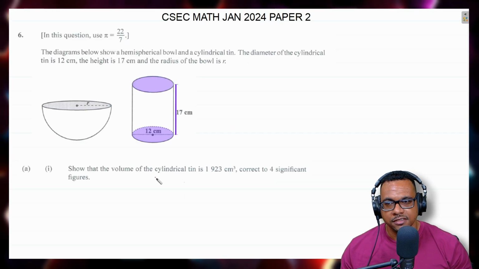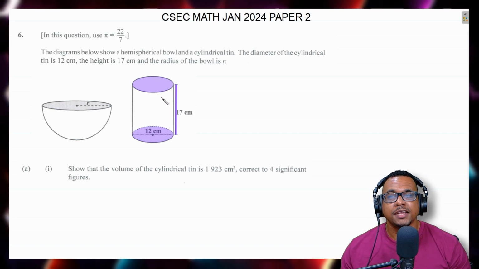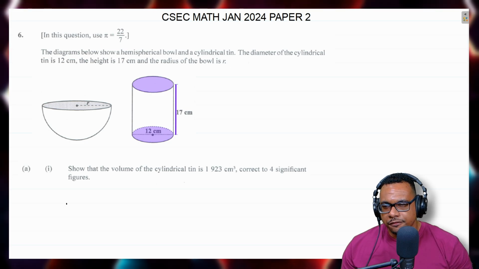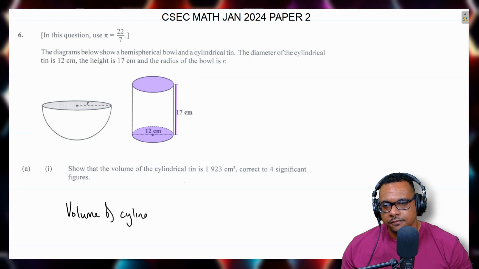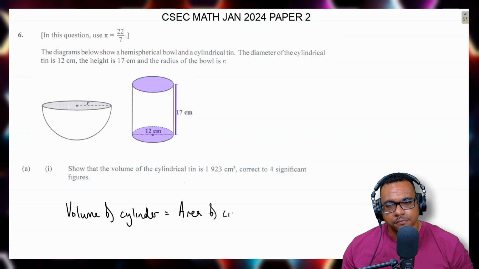So essentially, the volume of a cylinder would be to find the area of the circle and multiply it by the height, which is the 17 centimeters. So the volume of a cylinder is going to be equal to the area of the circle times the height.